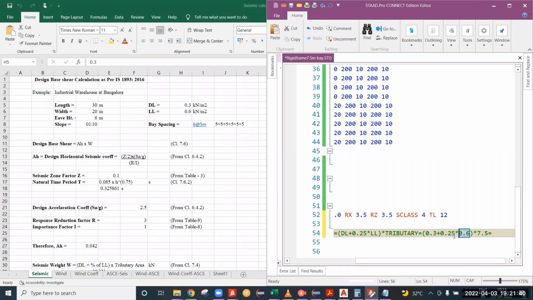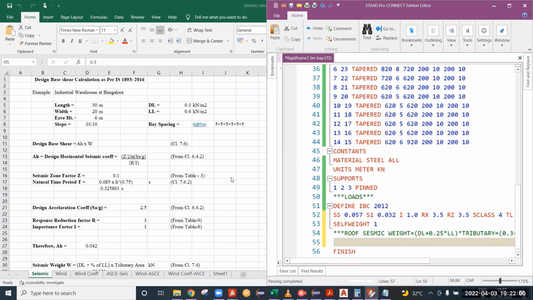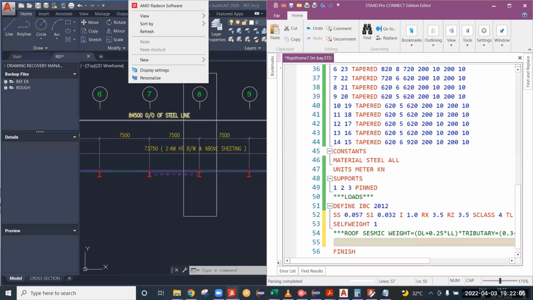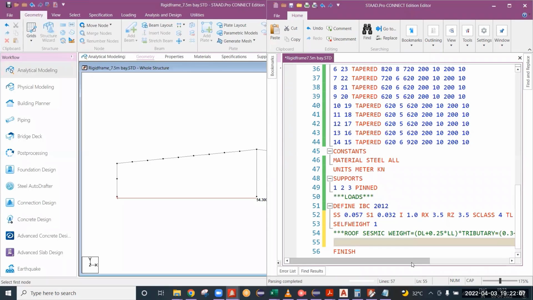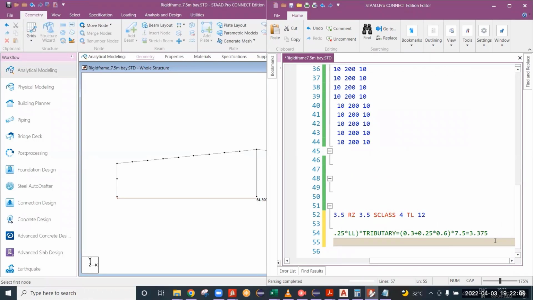So dead load plus 0.25 into live load into 7.5. Did you guys calculate anything? 3.375, I got it. So the value I got here is 3.375.